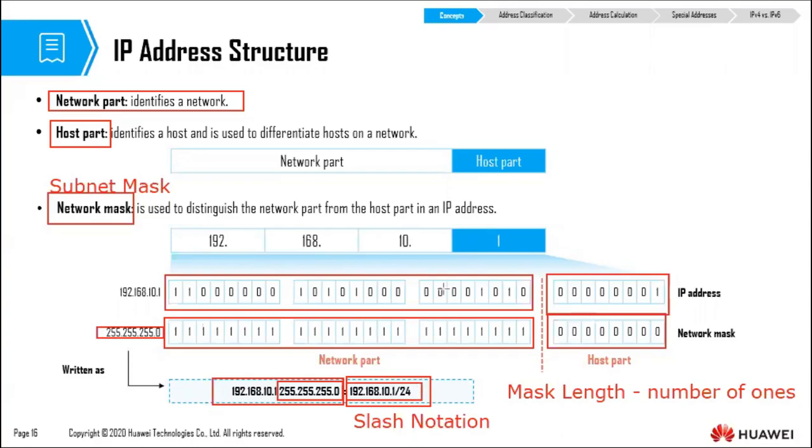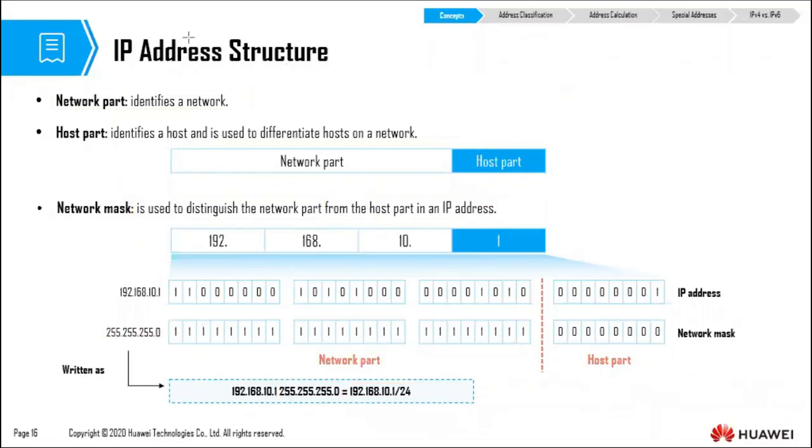Yeah. So please don't forget that we use the network mask to distinguish the network part from the host part in an IP address. So anytime you configure an IP address, you must also include the network mask. Okay, so let's move on.